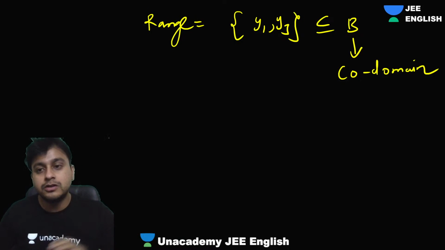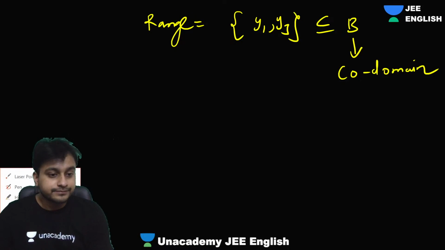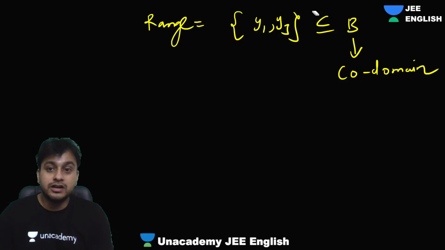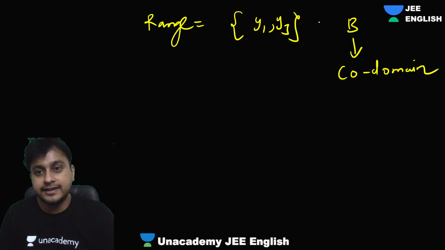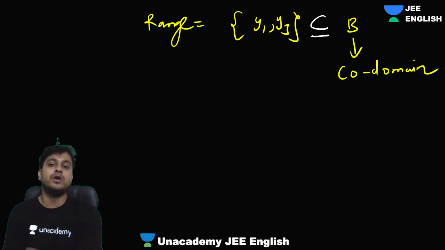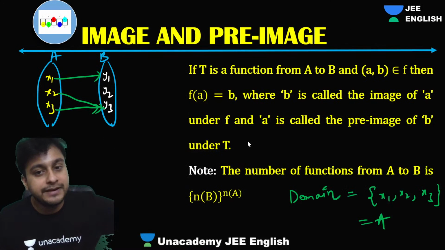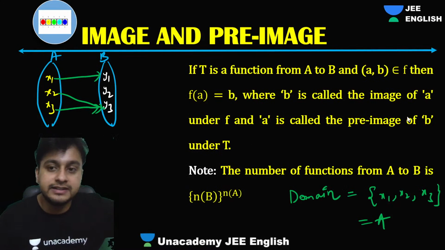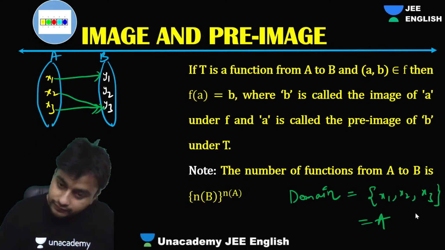So the codomain is always the second set, and your range will always be a subset of the codomain. That is the fact, and it has to be understood by every one of you. Okay, so this point is, I think, clear. Pre-image and image we've already discussed. Image means the values of y, that is nothing but the set of values of the range.